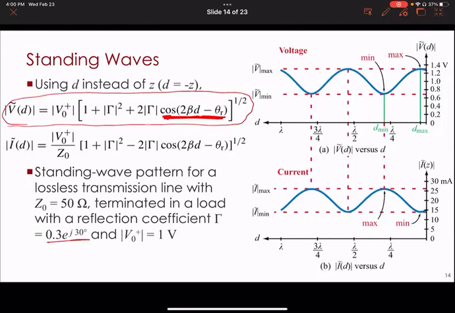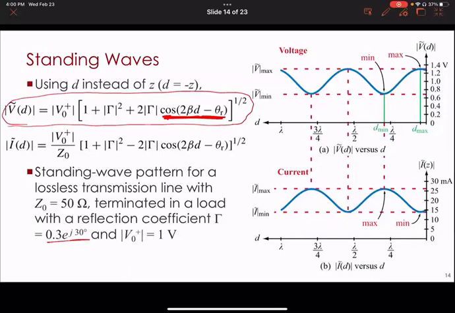We're assuming we're not changing it midway through operating the circuit. So ZL is set, Z naught is set, so gamma is just fixed at this value. V0 is not changing. We're assuming it's set.